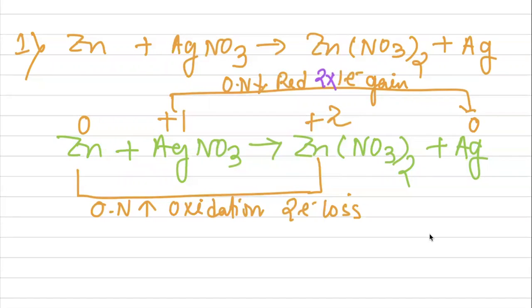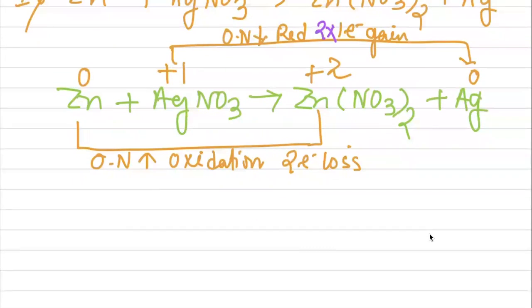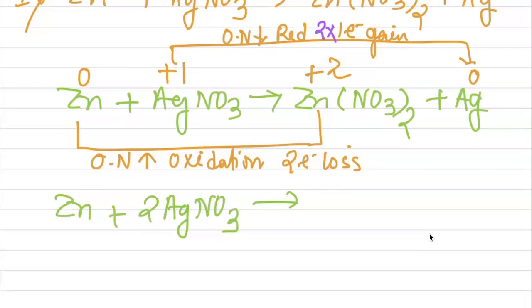Then the number of electron gain and loss becomes same. Now we have to write down the reaction again. Then it will be zinc plus 2 AgNO3. It forms zinc NO3 whole twice plus 2 Ag.